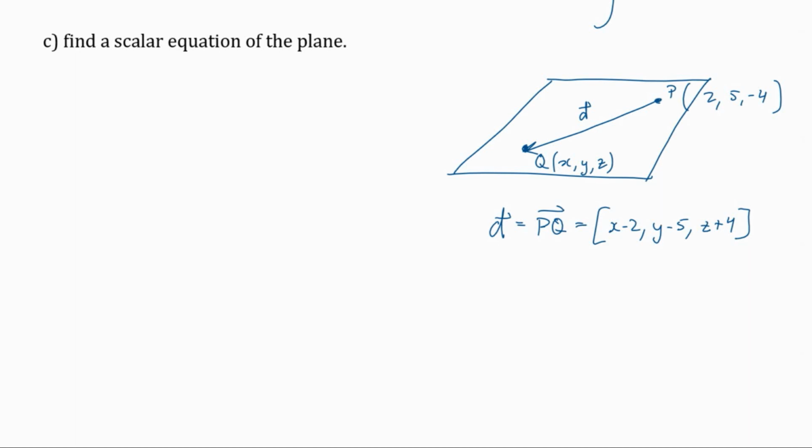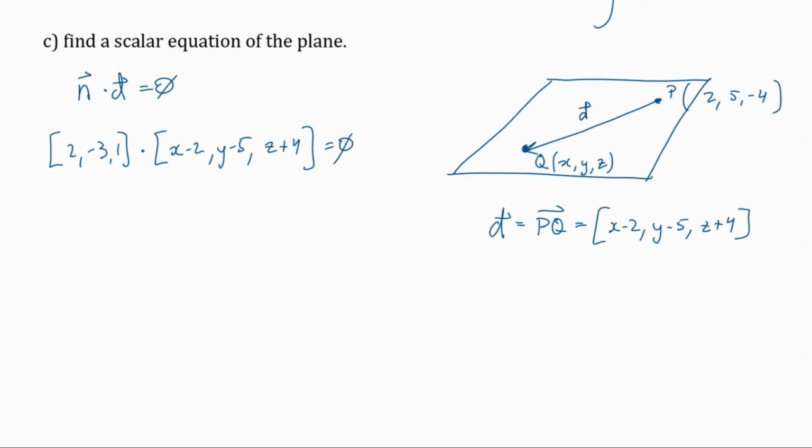Now, what do I know if I have a direction vector? This is a general direction vector to any point on the plane from P. What do I know about it? I know that its dot product with n has to be 0, because I know that they will always be perpendicular. And my normal is 2, negative 3, 1, dot x minus 2, y minus 5, z plus 4.